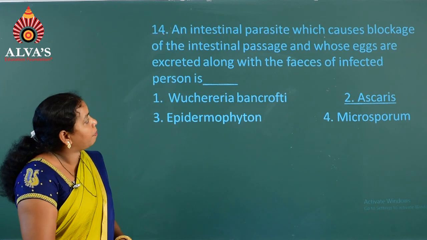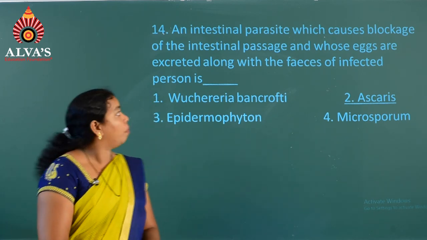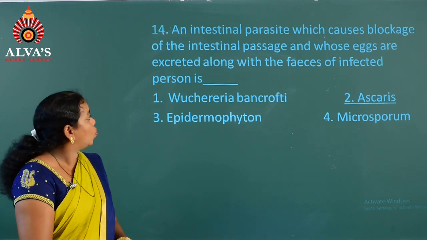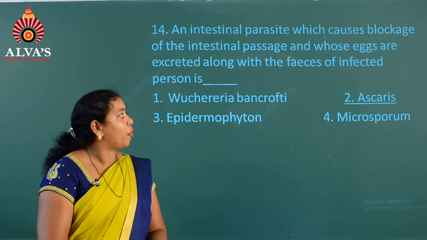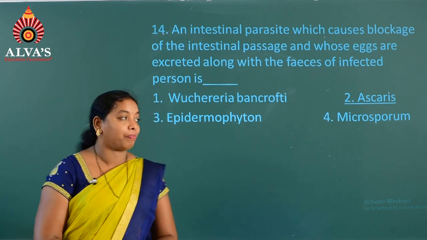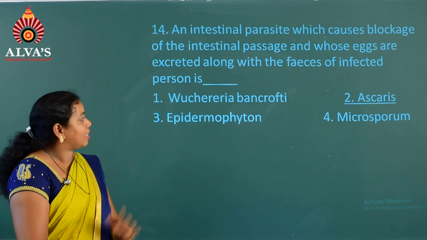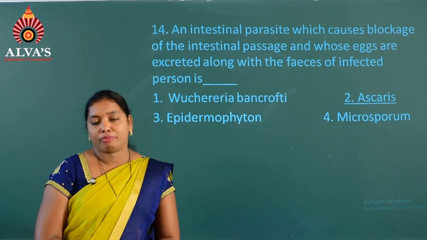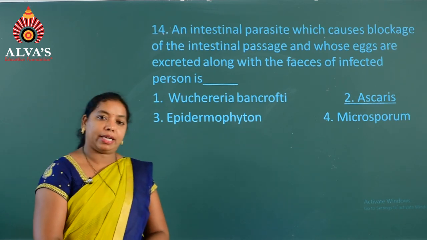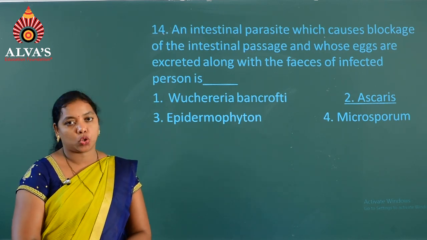An intestinal parasite which causes blockage of the intestinal passage and whose eggs are excreted with the feces of the infected person is. Option 1, Wuchereria bancrofti or filarial worm, option 2 Ascaris, option 3 Epidermophyton, option 4 Microsporum.